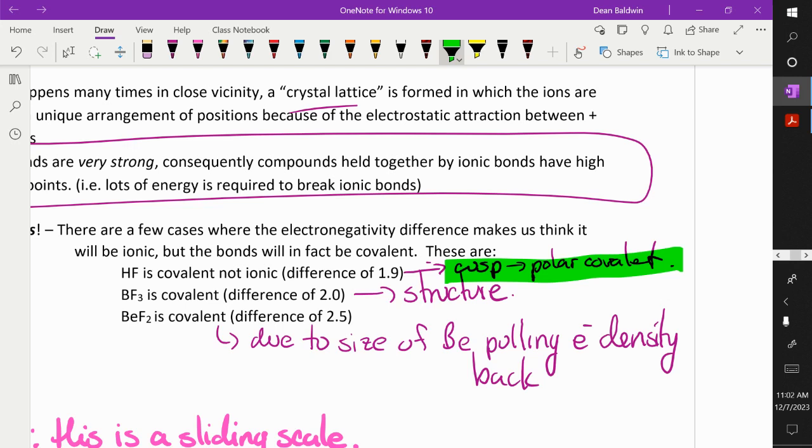Okay, so that's why it's more covalent. Even though the difference is 2.5, you think it'd be strongly ionic, but the electron density kind of gets dispersed in an equilibrium sort of way that makes it more covalent than ionic.